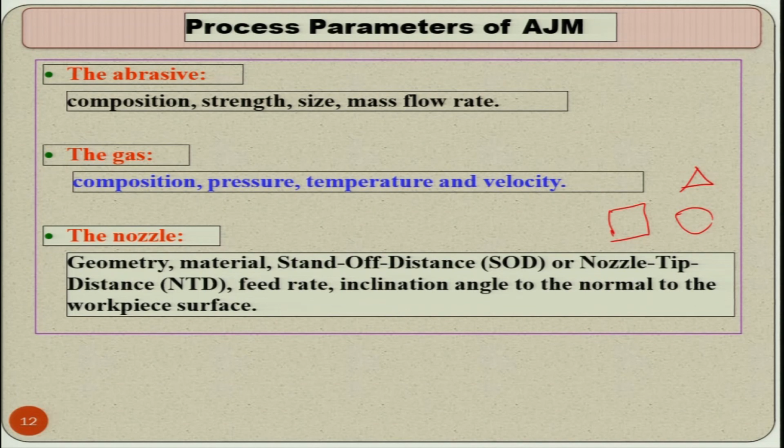That makes a lot of difference, as we saw just in the earlier slide. If it is 0 degree, that is, normal to the workpiece surface is 0, that means the abrasive particle is hitting at 90 degree, and rather than deforming the material, it will be hardening the material by work hardening process, as I mentioned a few minutes back, and then the material removal will take place by brittle fracture rather than deformation process.